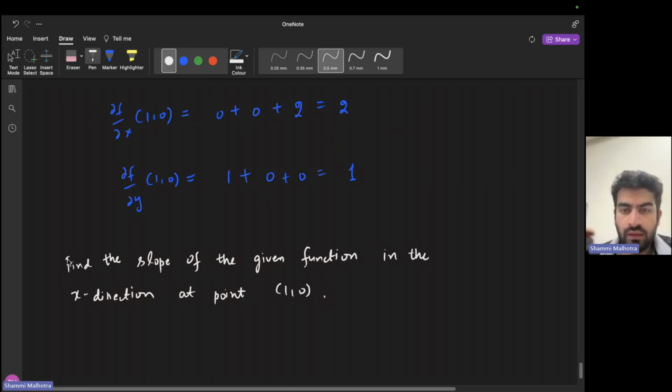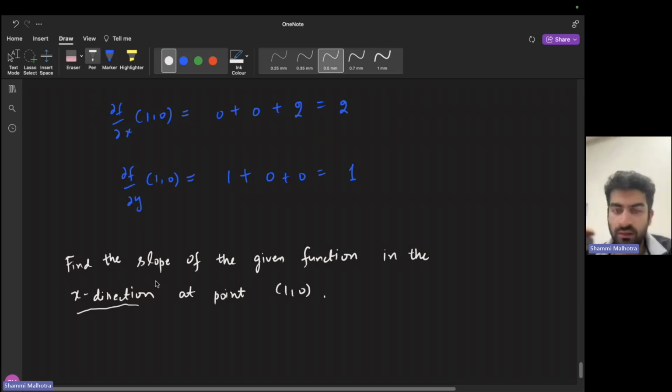This is nothing but saying that we would like to find the partial derivative of my function with respect to x, because this is what partial derivatives basically mean. So this is basically the slope of my given function in x direction.